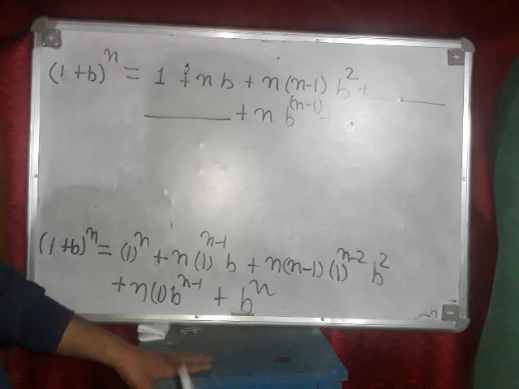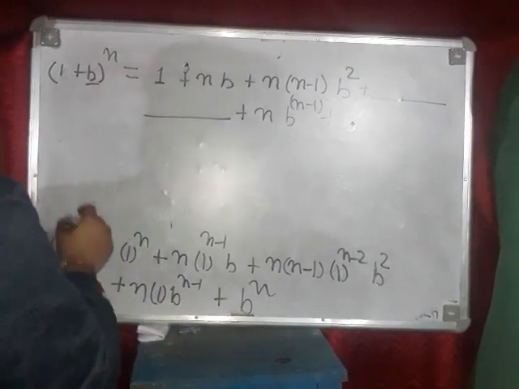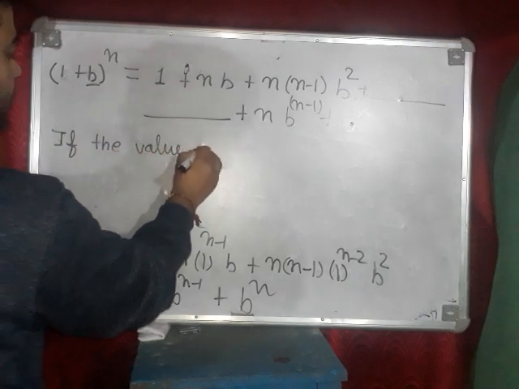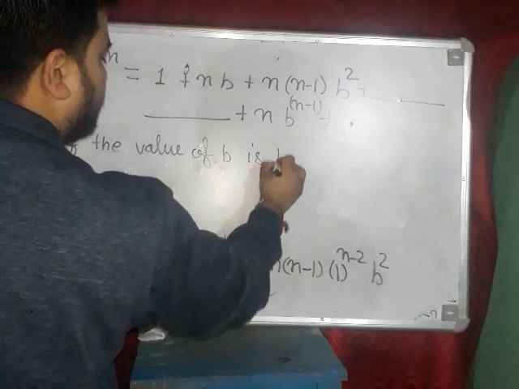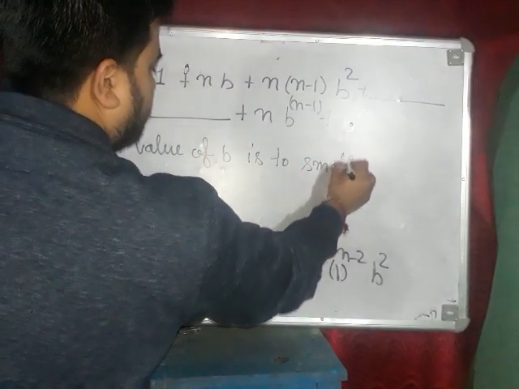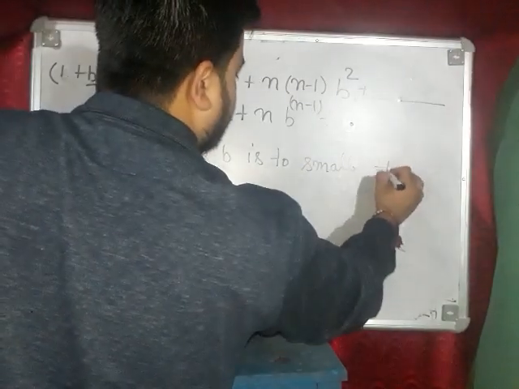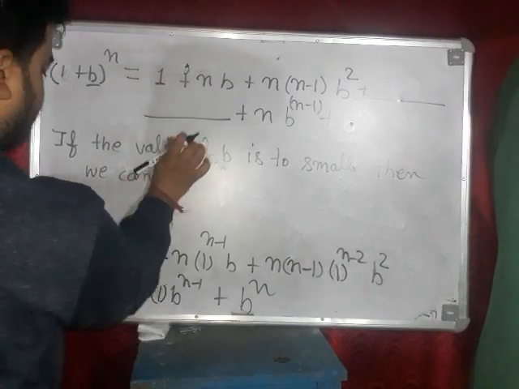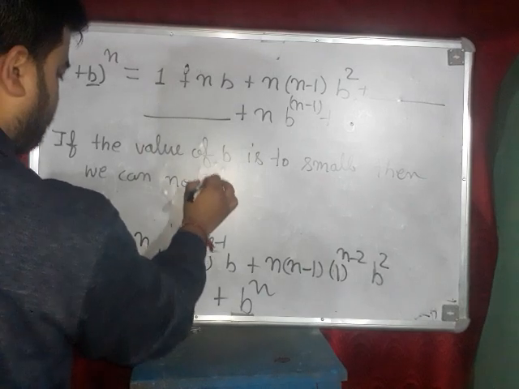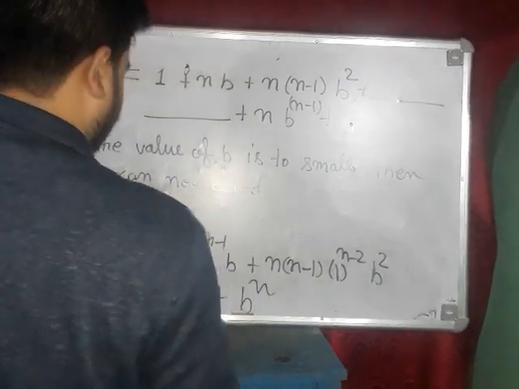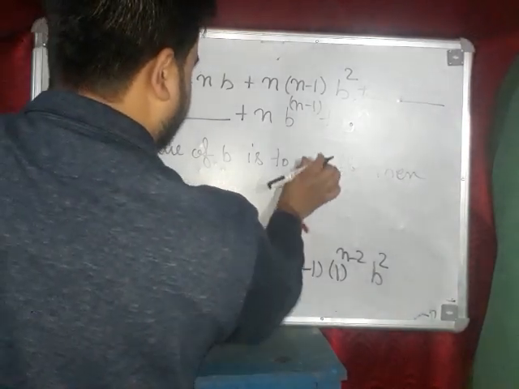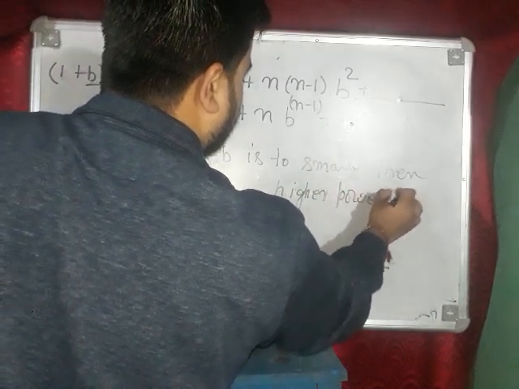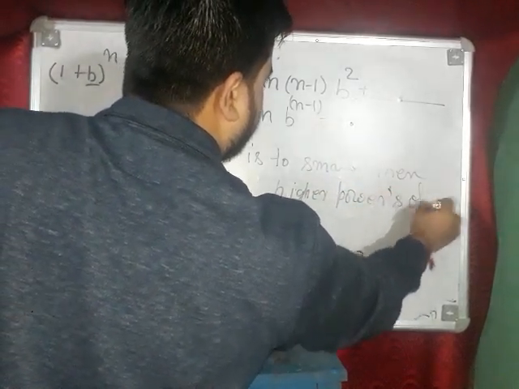Then if the value of b is too small, we can neglect higher powers of b.